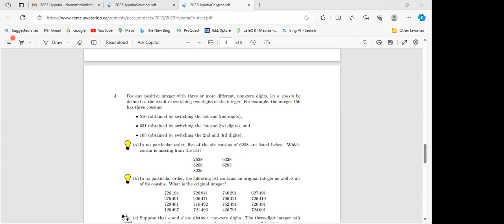Suppose that C and D are distinct non-zero digits. The 3-digit integer CD3 minus one of its cousins is equal to the 3-digit integer D95. Determine the values of C and D and show that no other values are possible.